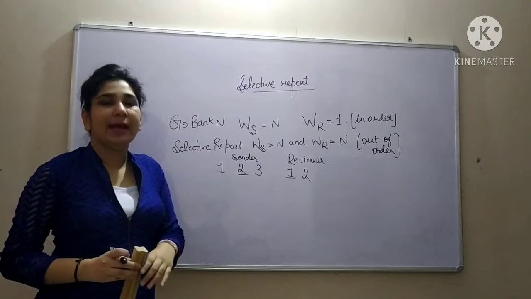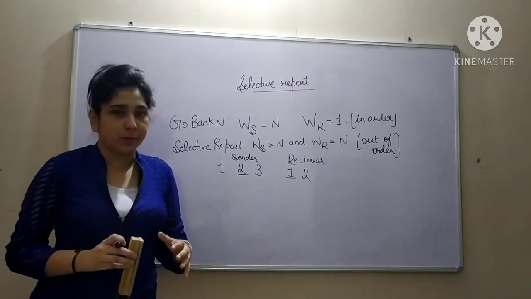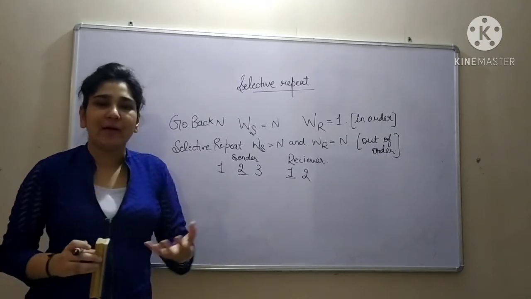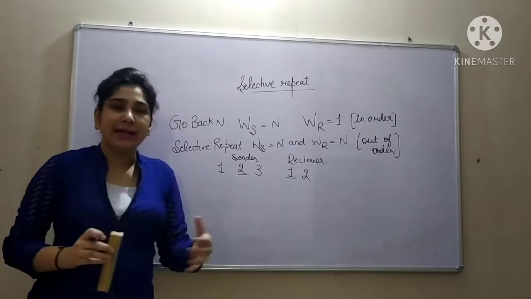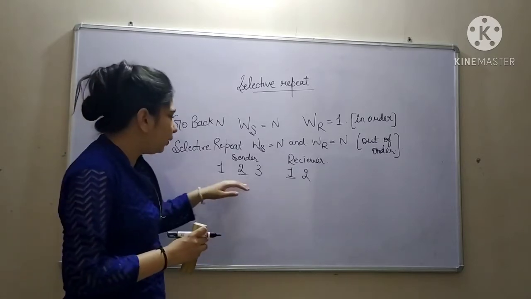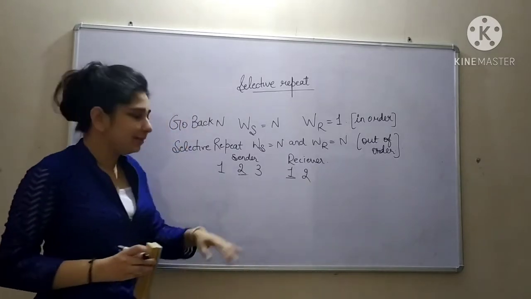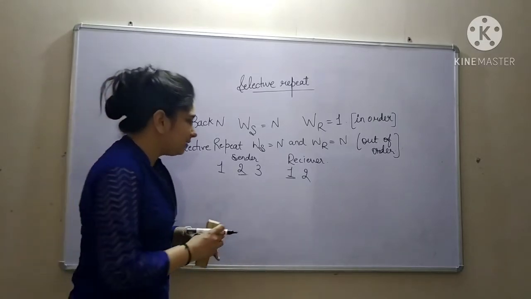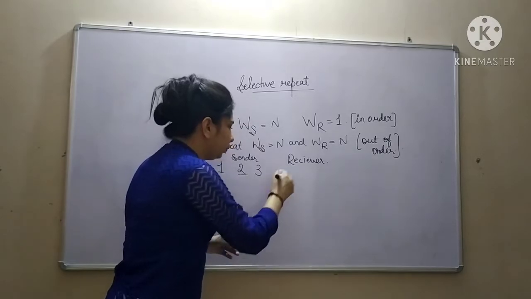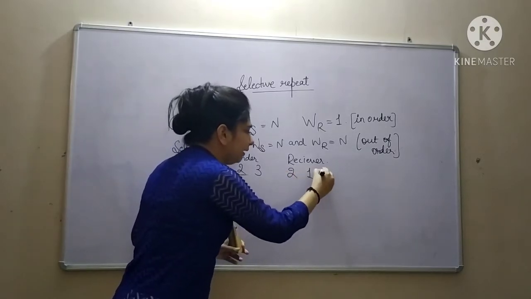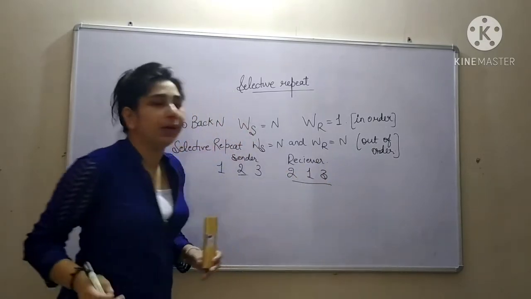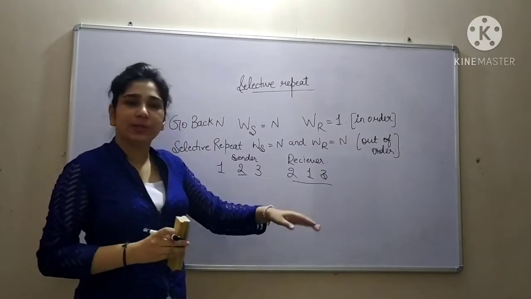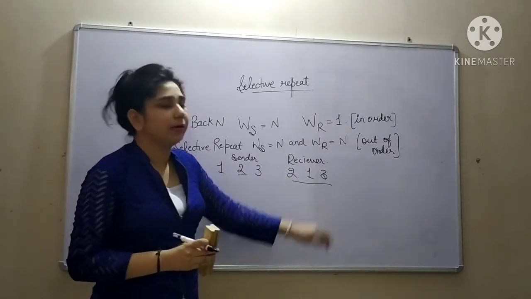While go back N was a stop-and-wait style protocol, in this it is not necessary that we receive all the packets in order. In this case, we can receive packets initially 2, then 1, then 3, this way.